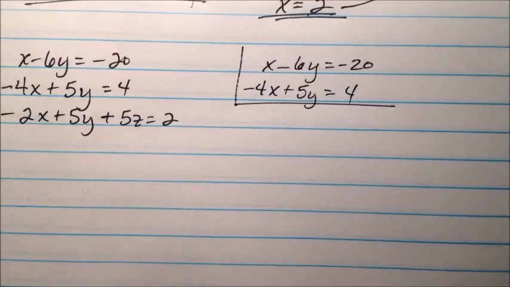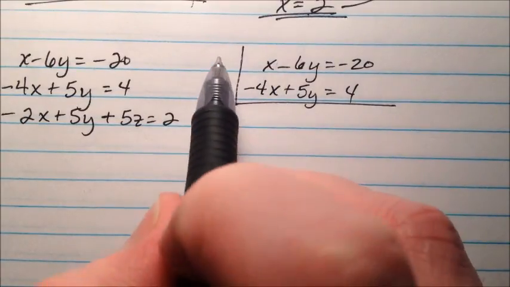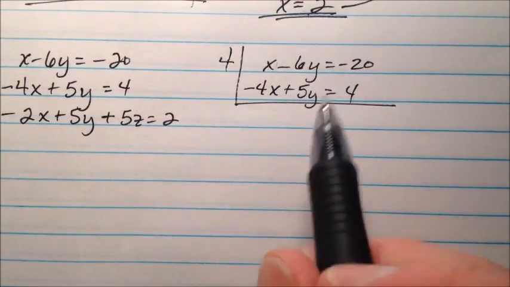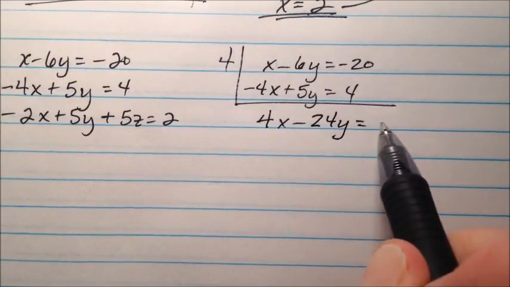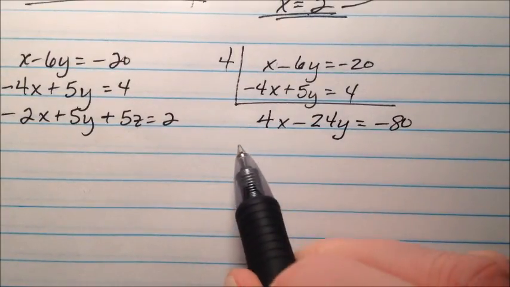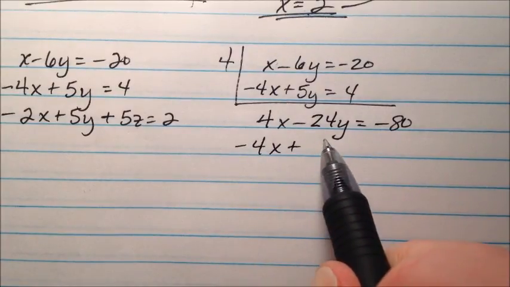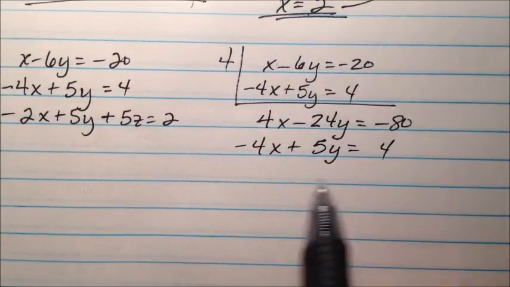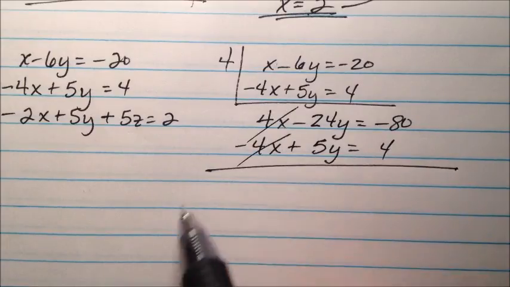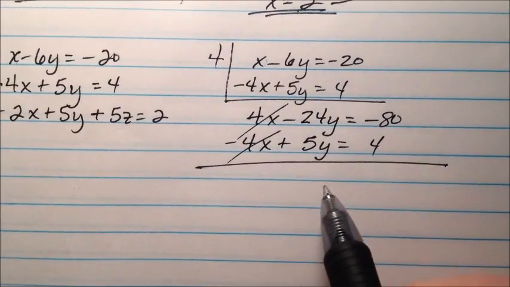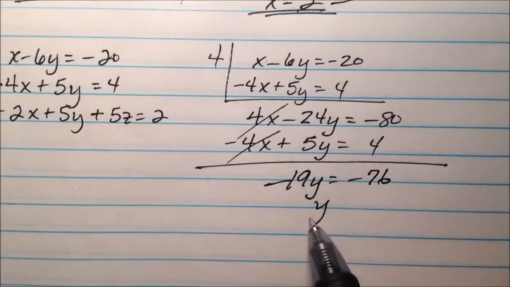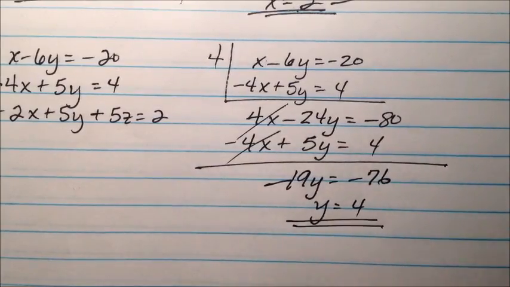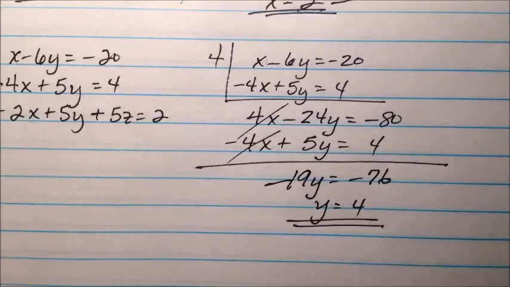So what could I do to get rid of one of these? Well, it looks like the x's will be easy if I multiply the top one by 4. So 4x minus 24y equals negative 80. And then negative 4x plus 5y equals 4. My x's cancel, and I'm left with negative 19y equals negative 76. So y should equal a positive 4.